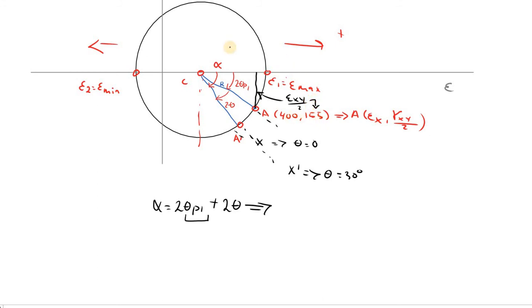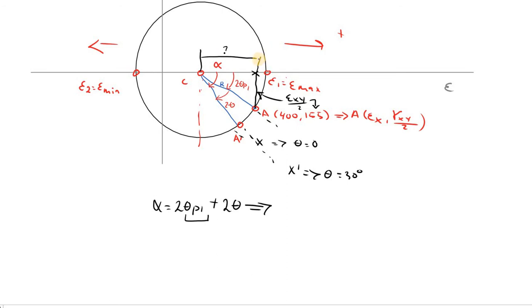It's just 155. But we also need an additional few dimensions, and I'm going to include them in here, which is this dimension here between the center point and our reference point. We don't necessarily know that just yet.